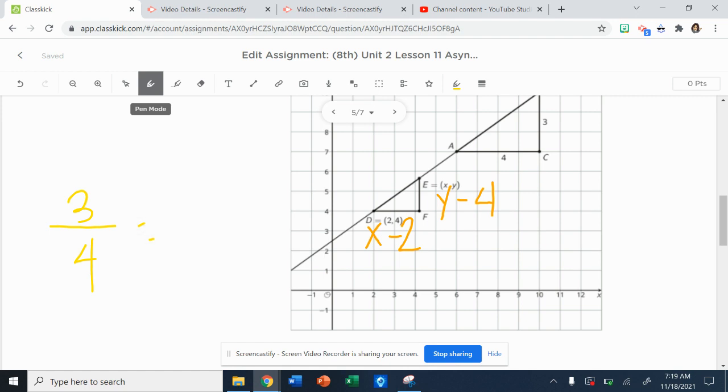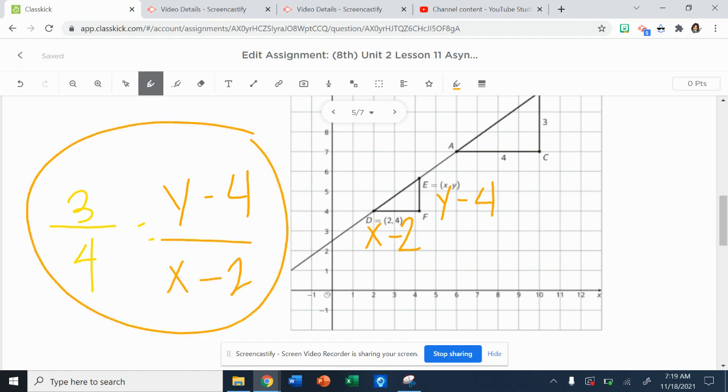Our slope is 3 over 4. Rise over run, y over x. And so we can take the expressions that we have for DF and FE, y minus 4 and x minus 2, and say that y minus 4 over x minus 2 will be equal to 3/4.